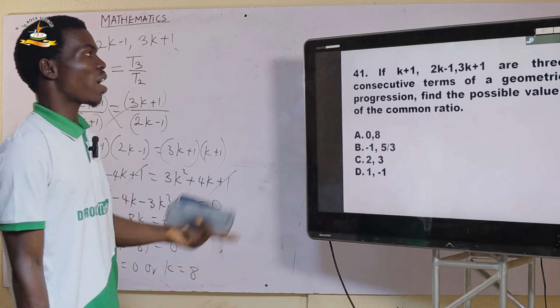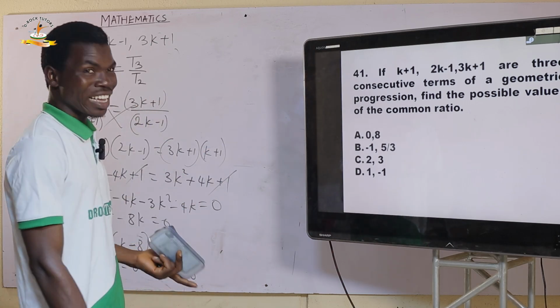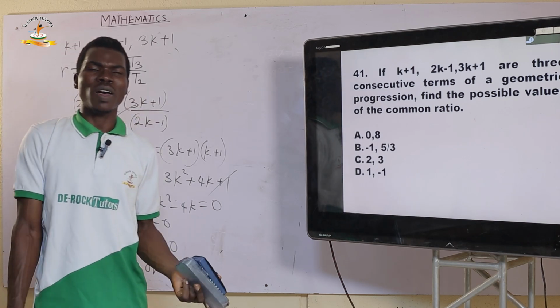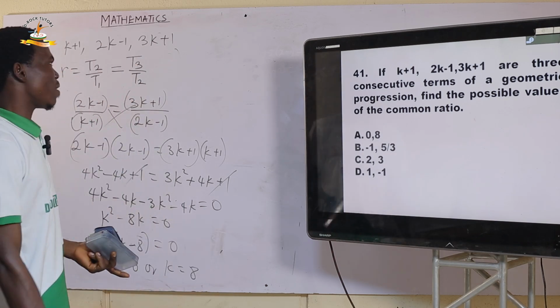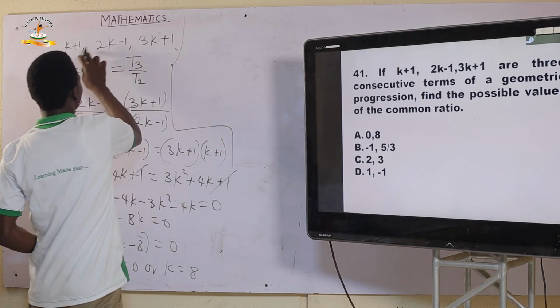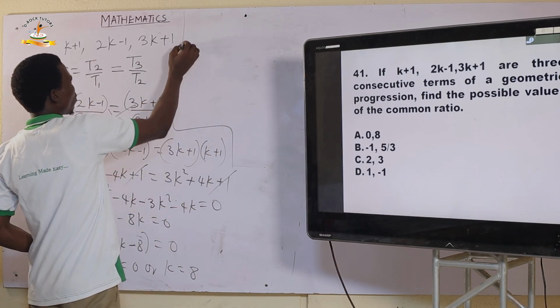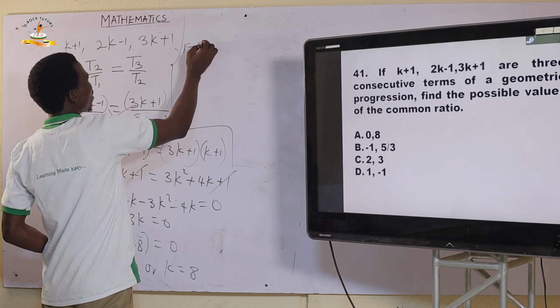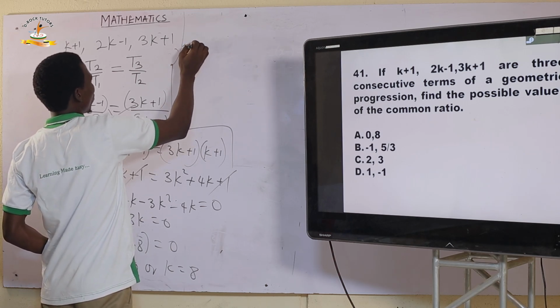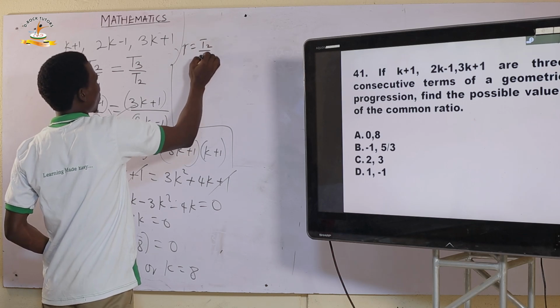However, the question never asks for k. The question asks for the common ratio. k is just a value. Then let's ask ourselves, if k is 0, what will the common ratio be? Don't forget, we say our common ratio can be any of these terms. So I write R equals T2 over T1.